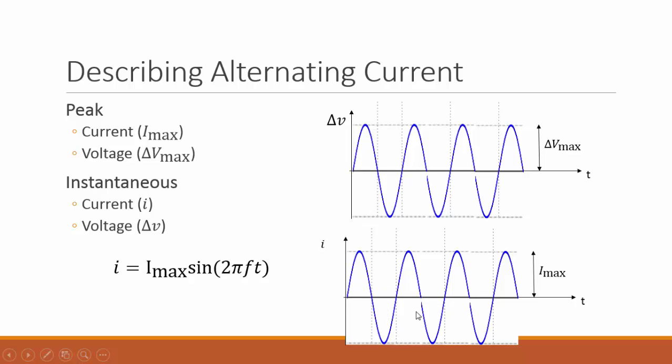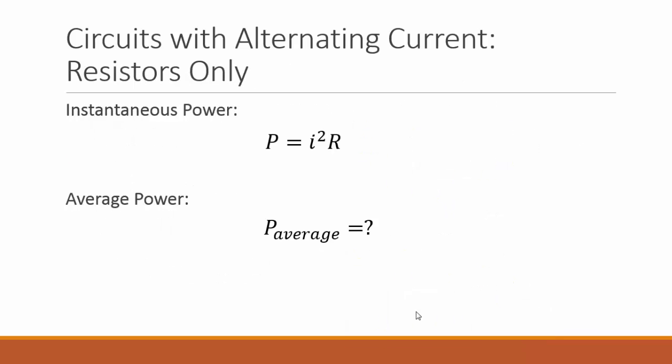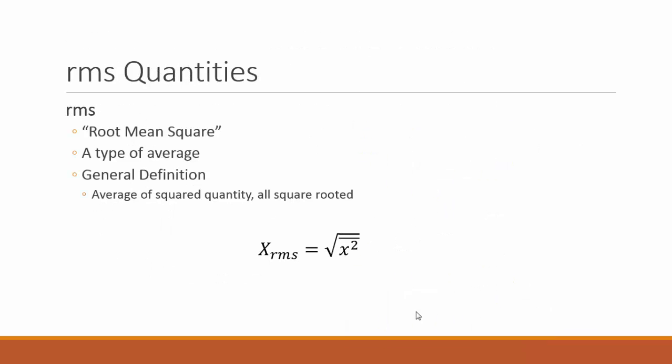Then I would square each of those currents, making them all positive. So if the current was positive or negative, when you square it, you get a positive number. Then I'll take the average of all of those squared values. Then I take a square root of that final average, and that is the RMS quantity.